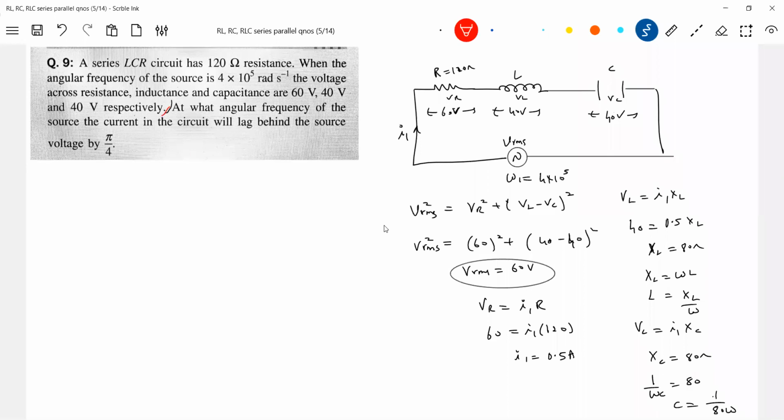Try to see this sentence, what I conclude here: XL must be greater than XC, then only it will become a lag circuit. If XL equals XC, then it will become a pure resistive circuit. You look at the drop across the inductor, 40 volt, 40 volt. It has become a pure resistive circuit here.